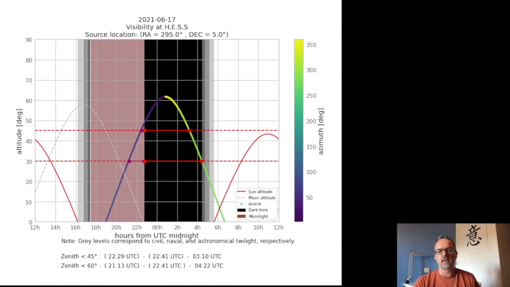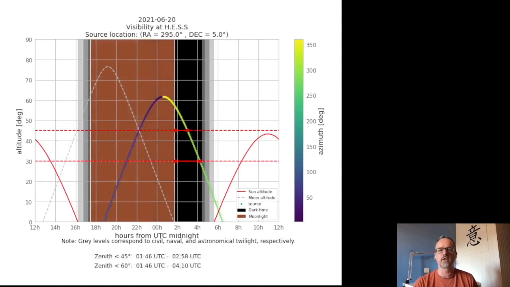And you see that for this example, which is the same source as before, but in a few days' time, the first half of the night would be influenced by moon because the moon is above the horizon, but the moonlight is not so strong that you wouldn't be able to observe. So you get these indications by the time periods given in brackets. So these are time periods where the moon influences your observations, but doesn't prevent it.